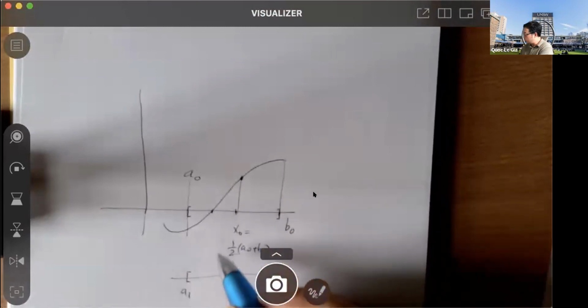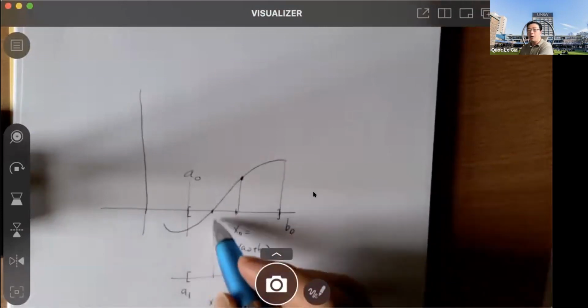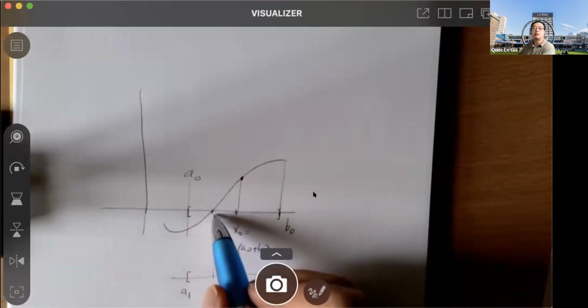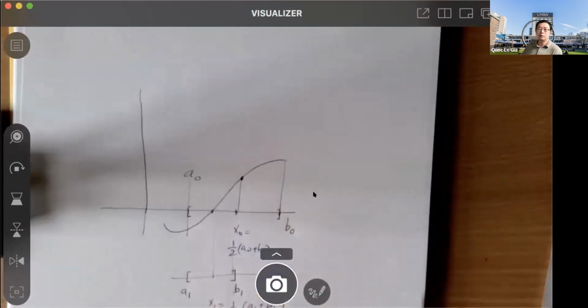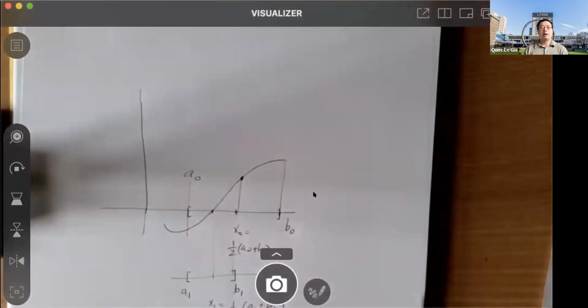Now you compute x1, which is 1/2 of a1 plus b1, and so on. Your interval just zooms in on the zero, until you get to some tolerance, and then you stop. That is the bisection method. Every time you just cut the interval in half.